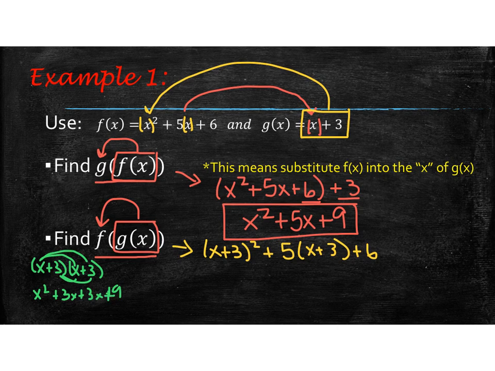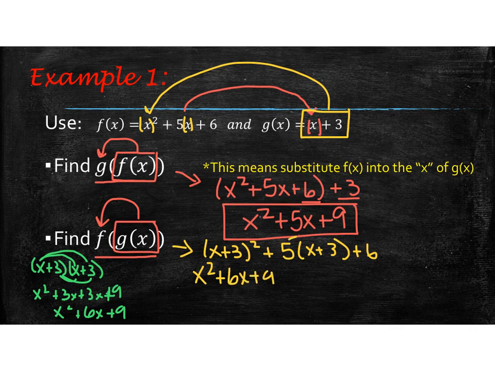So that's going to give us x squared plus 6x plus 9. All right, so let's go ahead and put that in its place. So this would be x squared plus 6x plus 9.